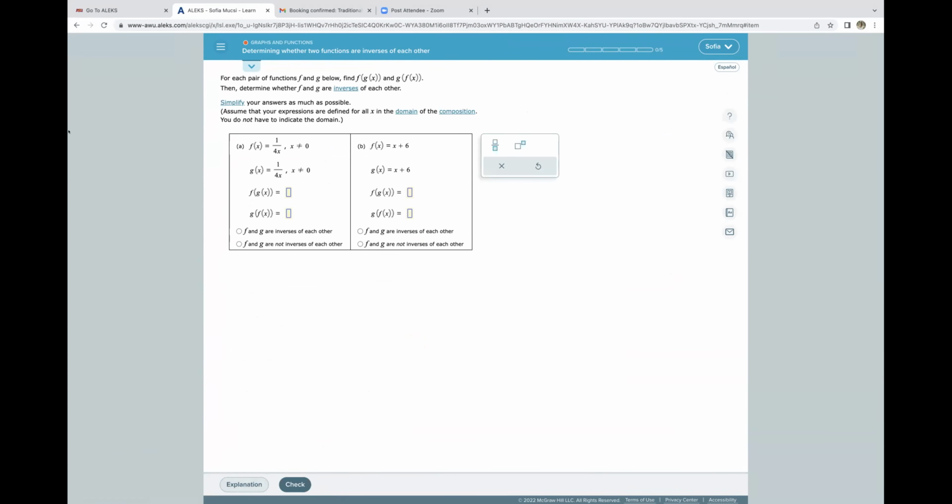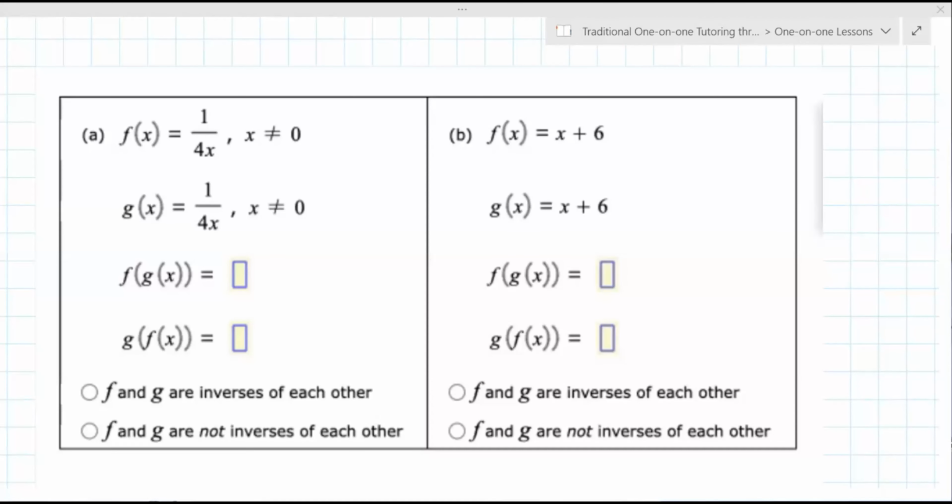All right, so let me grab this here. They really give you quite a bit on this one. Let me share my screen. And so we're doing inverses now. This is very much related to what we just did.